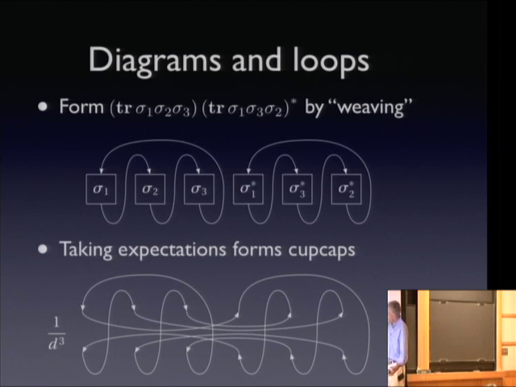And now we know what to do: these two tensors here, when I push the expectation through, become a combinatorial operator. They become a cupcap. So there'll be a wire that runs from here to there, and a wire that runs from here to there. If you do all of that, that makes this kind of crisscross pattern. You get three powers of d on the bottom because each cupcap has a 1 over d in front.